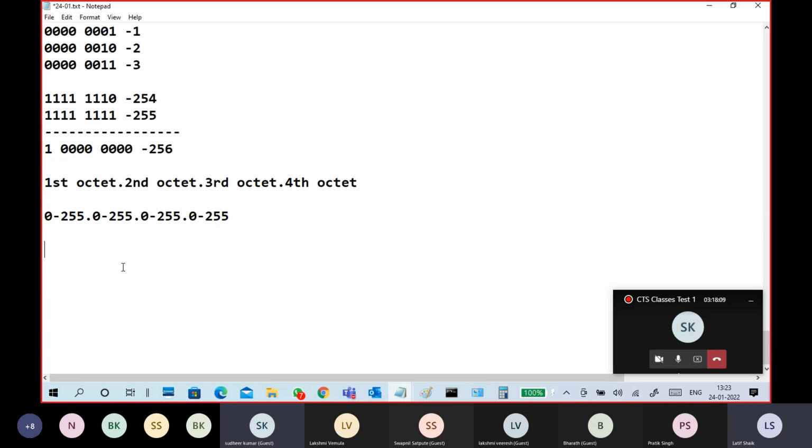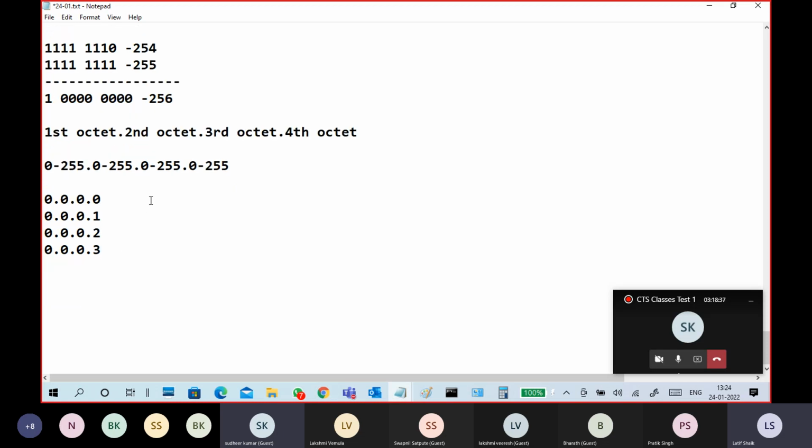So your IP addresses look like this. The starting IP address in decimal format is 0.0.0.0, the first IP address. The next IP address is like this, and it keeps going. You can keep typing so many IP addresses like this.